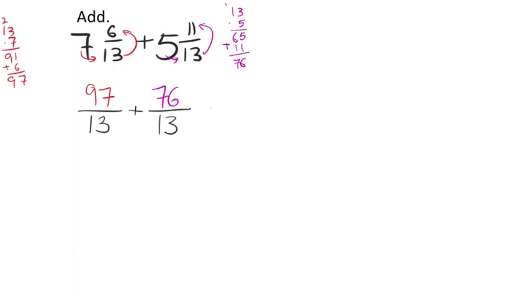Most students will skip this step when they're showing the work, which would be okay. But we still need to show that we're going to take the 97 and add the 76.